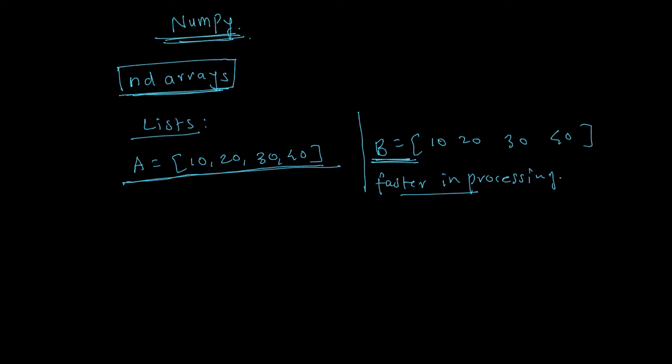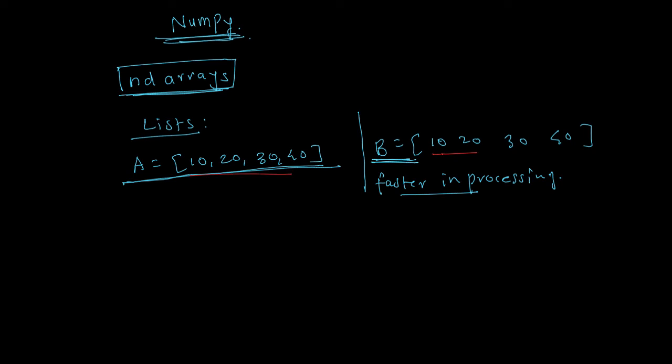Now, what do we mean by faster in processing? NumPy arrays are processed faster by the processor. We can do manipulations on this NumPy array faster as compared to this list.